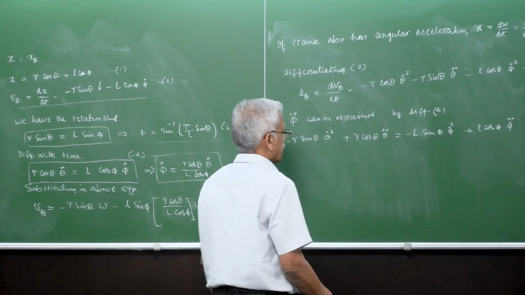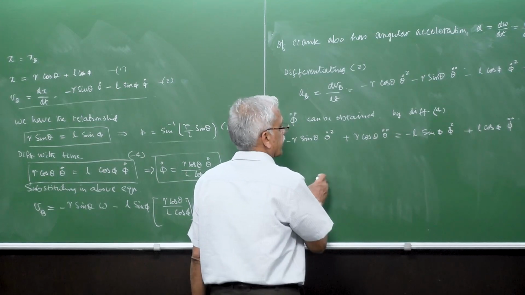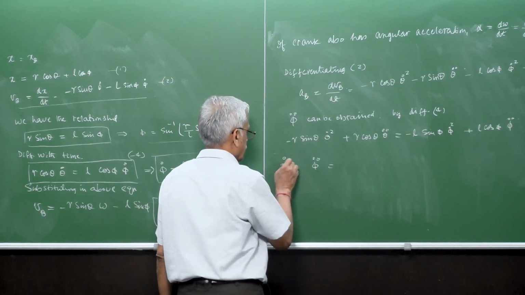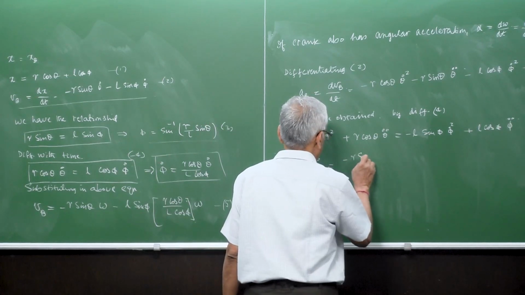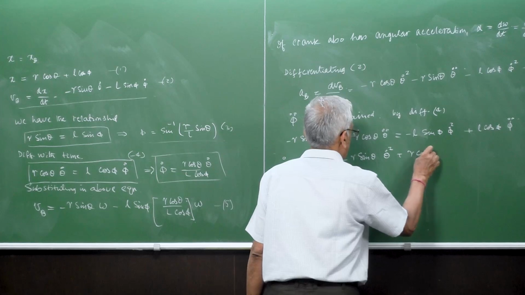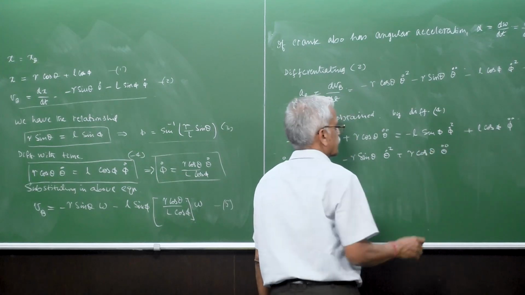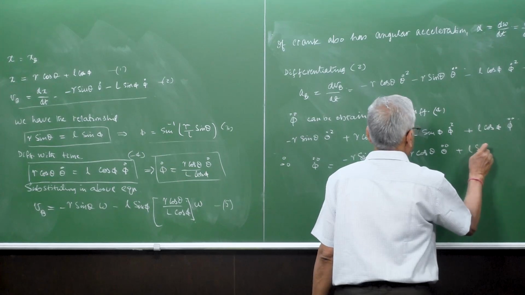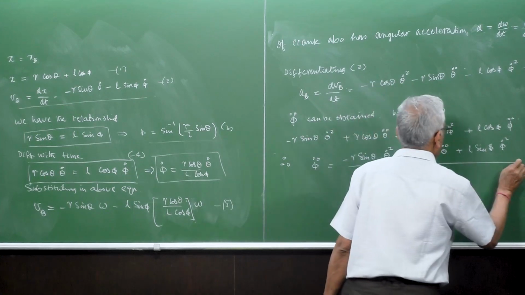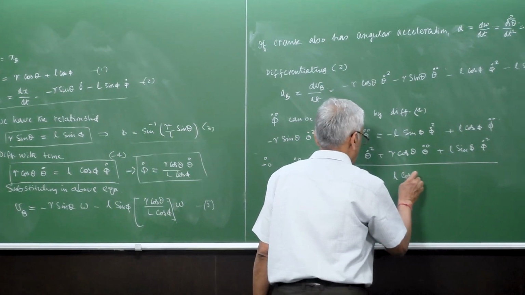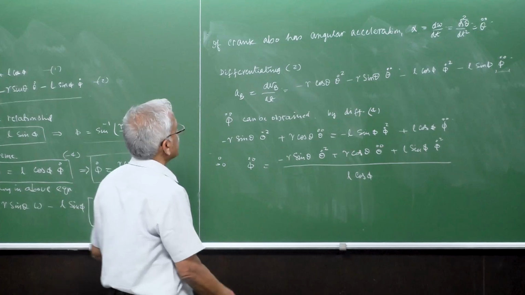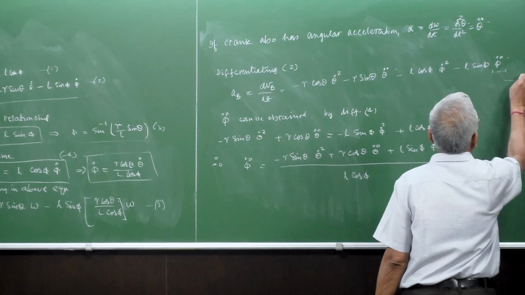So from this it's very clear that we can get phi double dot here, and therefore we have this. I'm just writing it completely for the sake of completeness. These are pretty long expressions. So we have phi double dot here.